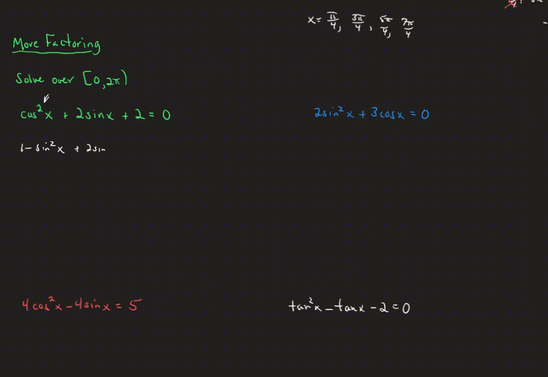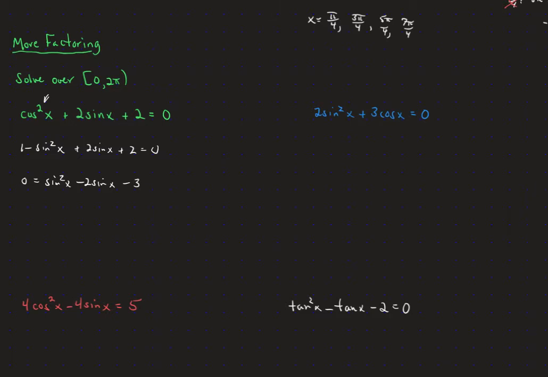And the rest of it is just going to hang in there, and we're going to try to factor this. So I like to make the square positive, so I'm going to add the sine squared to the right side, keeping the 2 sine x, and the 1 plus 2 subtracted over when I move it to the other side, I think that's going to be a minus 2 sine x. And then the 1 plus 2 is 3, subtracted to the other side is going to be a minus 3.